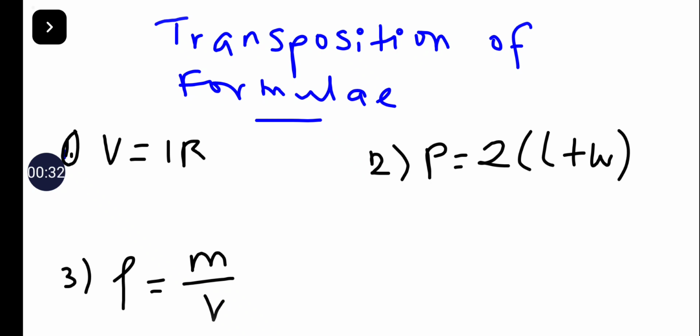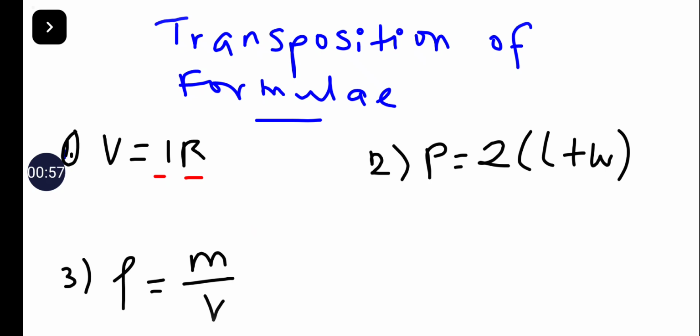So we have here the first one, make R the subject. If I'm to make R the subject here, I ask myself which operation is linking I and R. You see that the operation linking I and R is multiplication, and the inverse operation of multiplication is division.